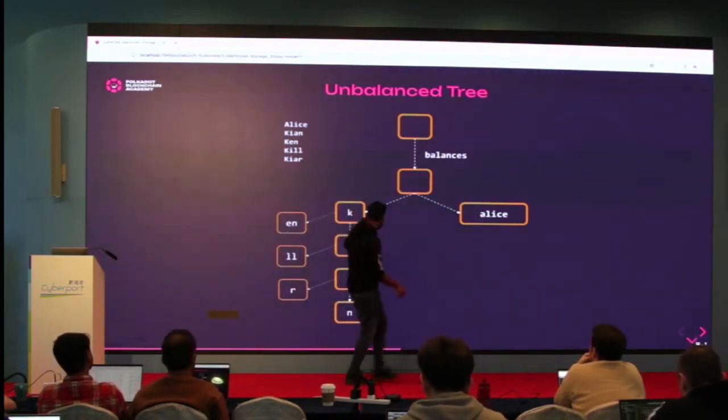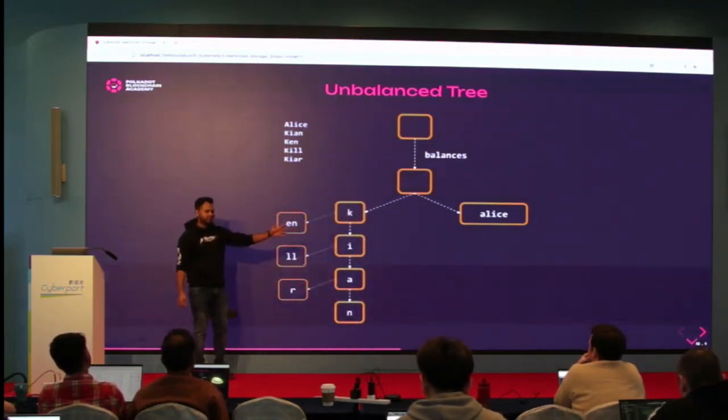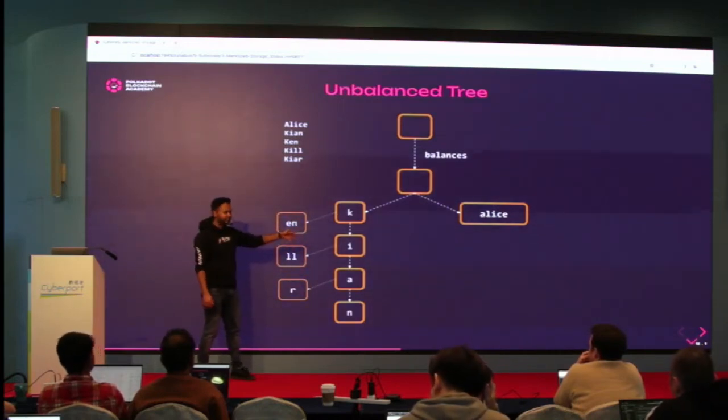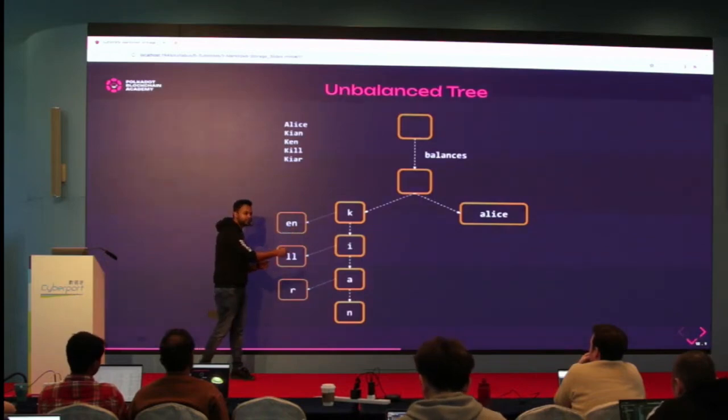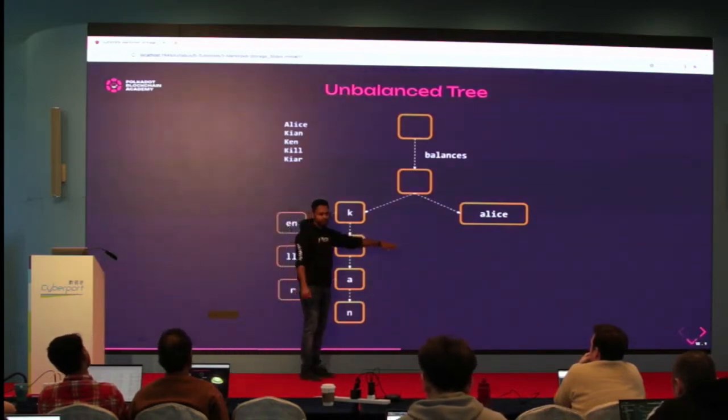But balances Kian is taking way longer than balance ls, right? So it could be an attack vector where some parts of your code actually take way more time than the fees that you are charging. So it's important to make sure your trees are balanced, not unbalanced.